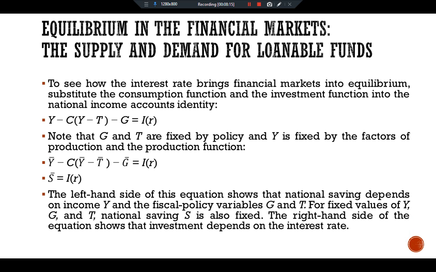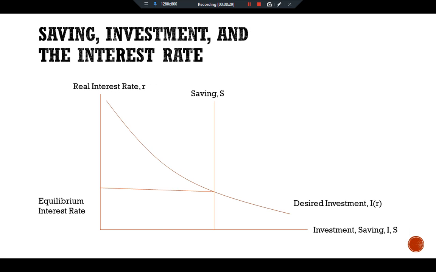So for further explanation, let's see the graphical presentation of how the supply and demand for loanable funds will be in equilibrium in the financial market. Here we have saving, investment, and the interest rate. The interest rate is the independent variable, and investment and saving are the dependent variables.